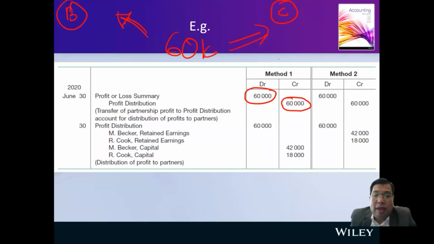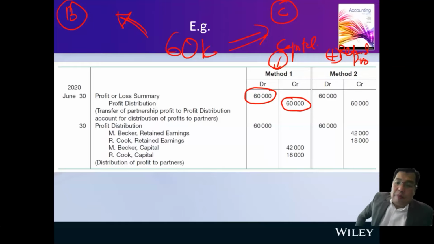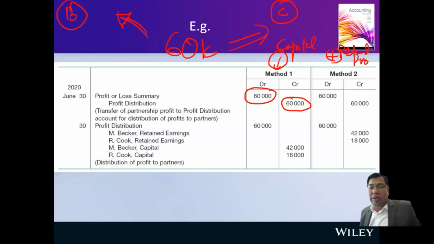So we have two methods. Always remember, method number one, they only have one account, that is the capital account. Only one account, capital. And method number two, they use a retained profit account. So they have additional capital, retained profit. For this 60,000, if the company makes a profit, they agree that Backer will get 42,000 and Cook will get 18,000. So what is the process?